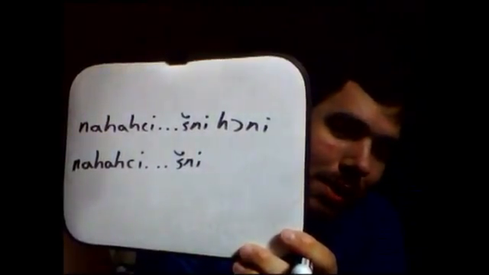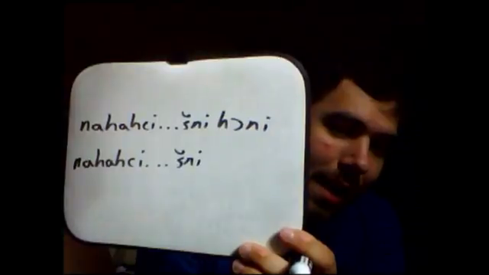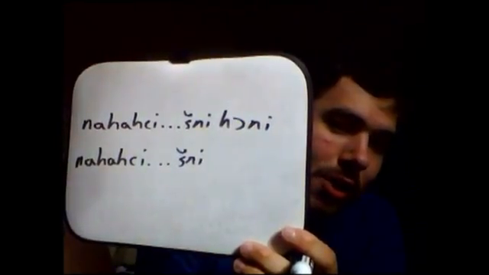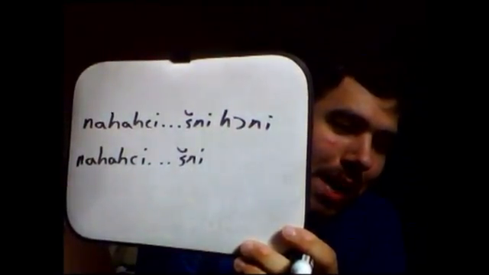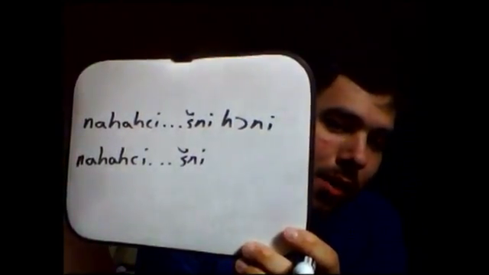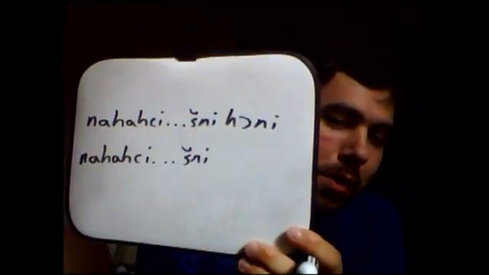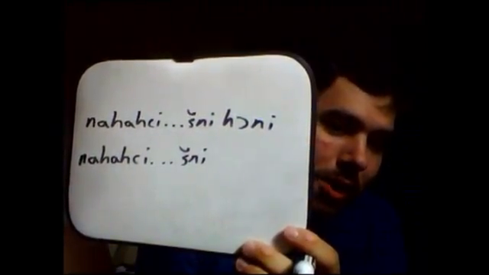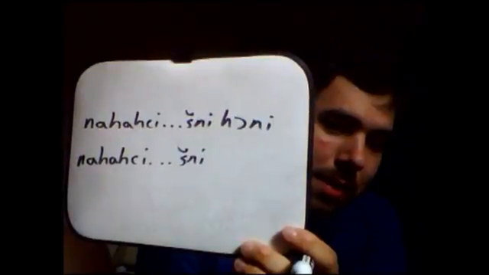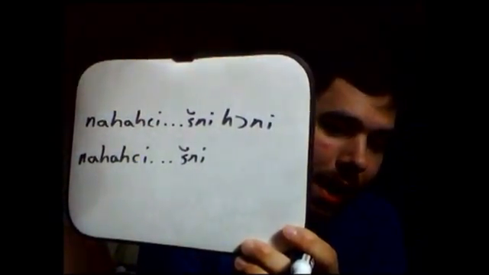And I won't tell you what it literally means so it doesn't confuse you, but essentially you put nahachi at the beginning and shnihani at the end, and it comes out to mean more or less not now, before, even though that's not exactly what it literally translates to. But if you remove the hani and just have the nahachi at the beginning and shni at the end, you're telling someone not yet, don't do this yet.